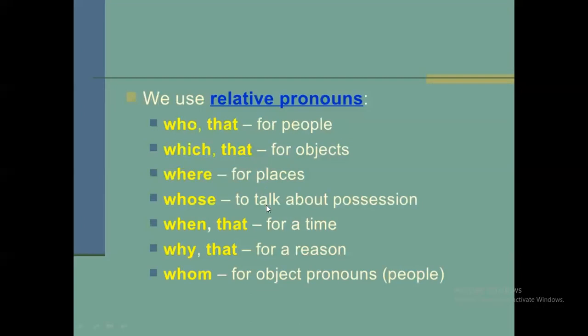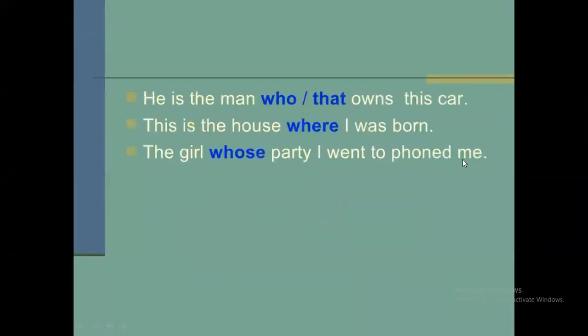Where for places. Okay. طب the last example: the girl whose party I went to phoned me. The girl whose party I went to phoned me. Where is the subject in this sentence؟ يلا يا جنات. Whose. جنات انت سمعتي سؤالي where is the subject؟ The girl, the girl.